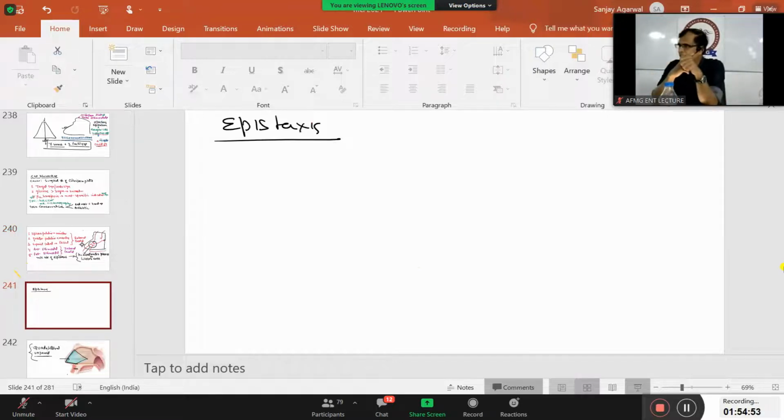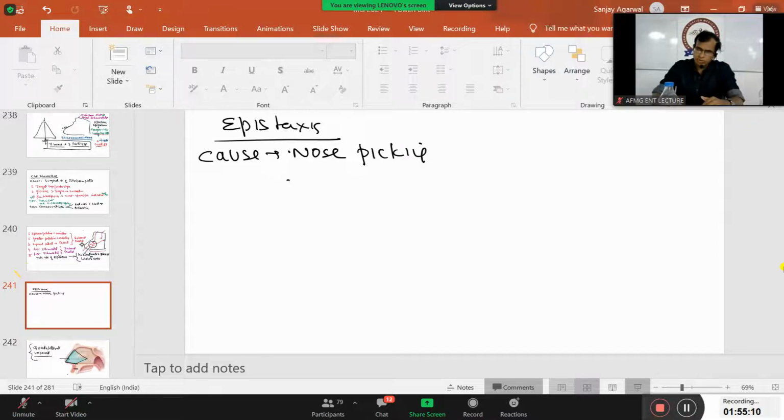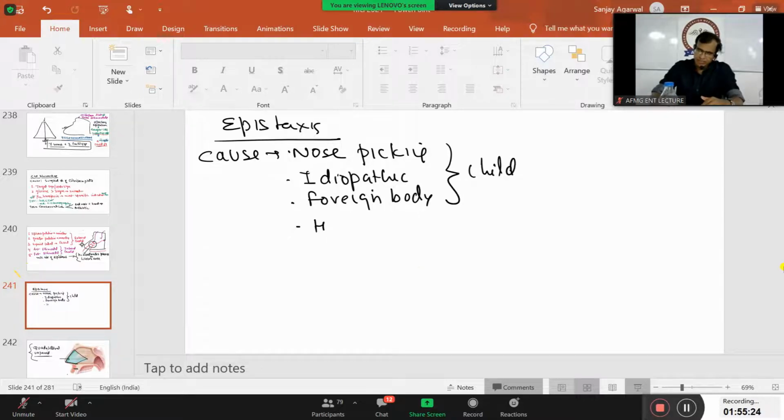The most common site is Kiesselbach's plexus, Little's area, and the most common artery is the sphenopalatine artery. What is the cause? Most common cause is nose picking. Second most common cause is idiopathic. Foreign body is a very important cause. These all happen in children. In adults it is usually hypertension.